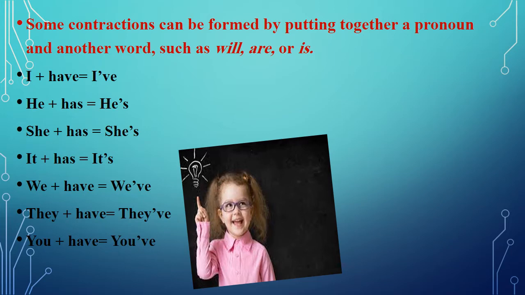It has, cross the HA, replace them by the apostrophe, put them together, we'll have it's. We have, cross the HA, replace them by the apostrophe, put them together, we'll have we've.